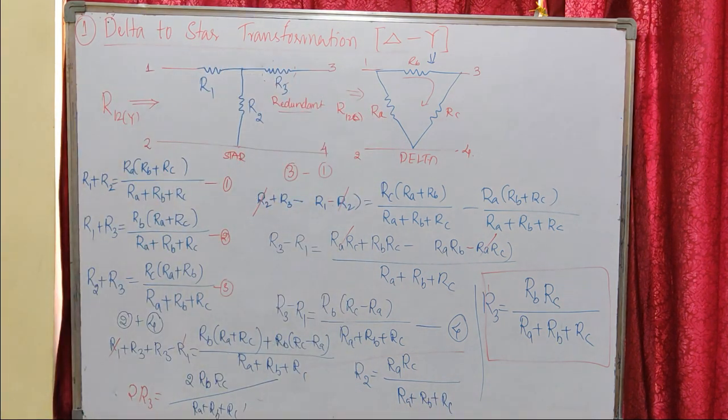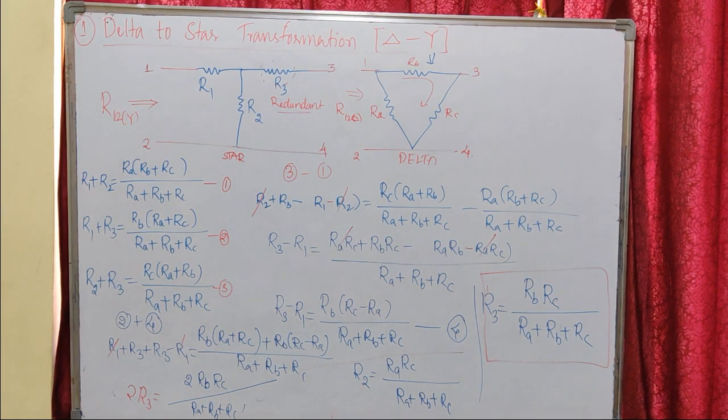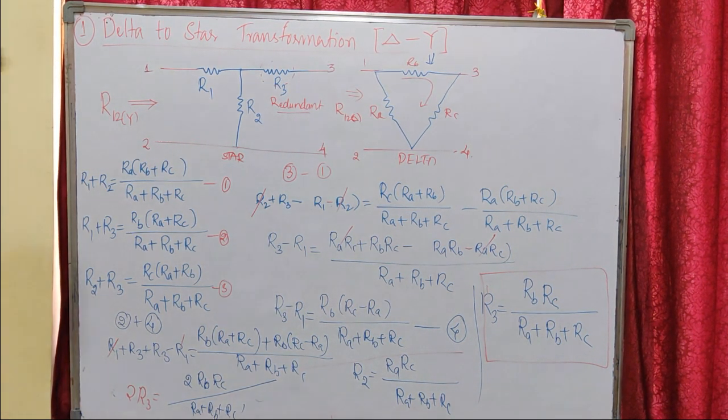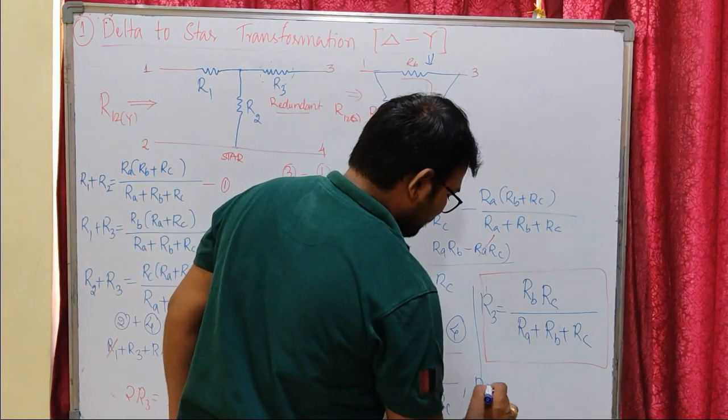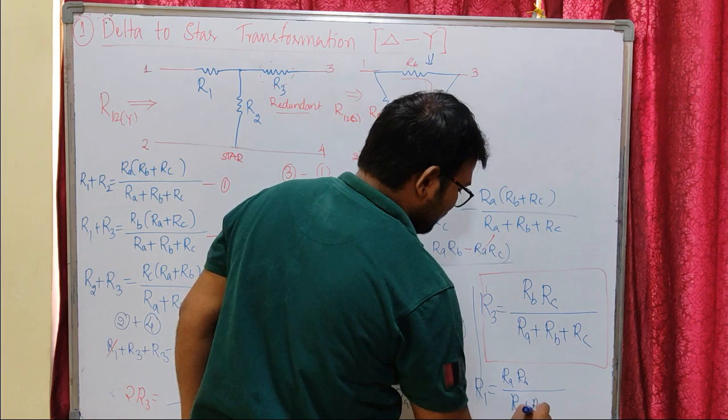I am going to write them. Similarly, R1 equal to RA RB by RA plus RB plus RC.